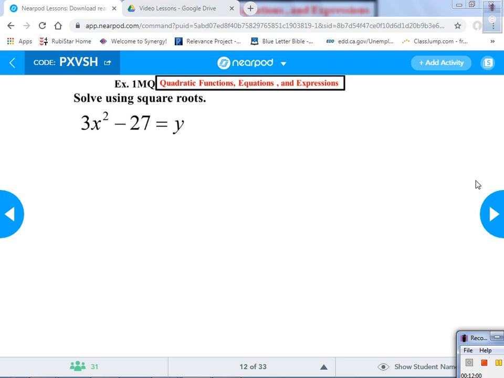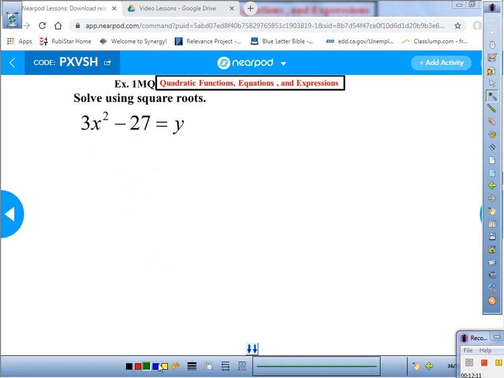I'll give you some time. 40 seconds. Copy and go. Should be done by now. Here goes the process. 3x squared minus 27 equal to 0. So step 1 is changing y to 0. Step 2, isolate the variable.